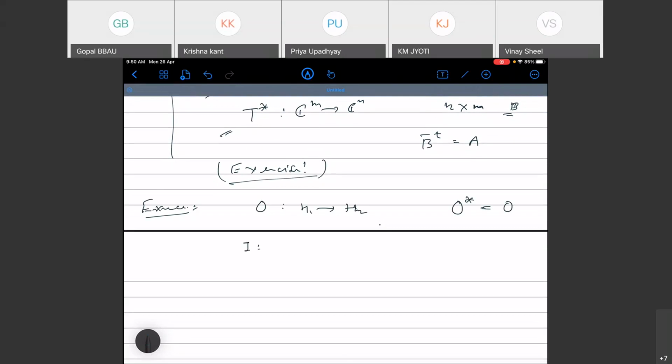Similarly, if we are in this case, means we have the identity linear operator, then what is I star? So find I star. This is an exercise for you.